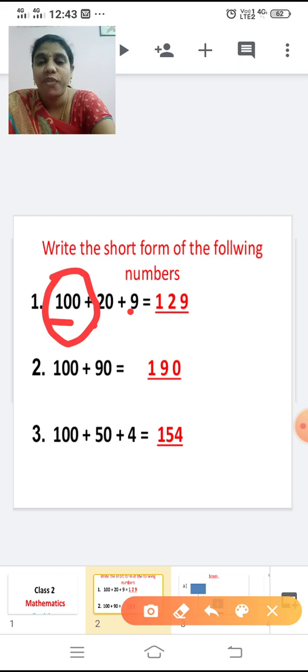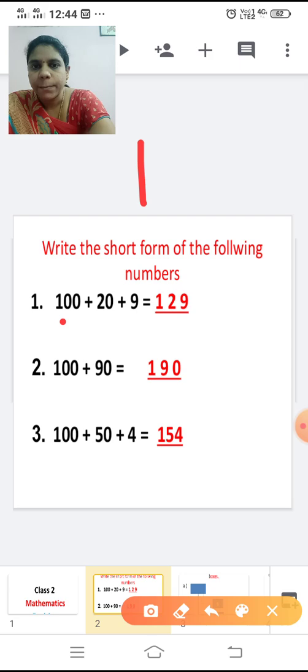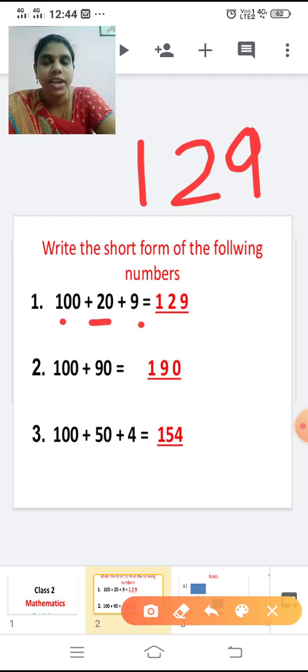So face value of 100 is 1. Face value is the value of the digit itself. So 1. And face value of 20 is 2 and face value of 9 is 9. So the short form is 129.